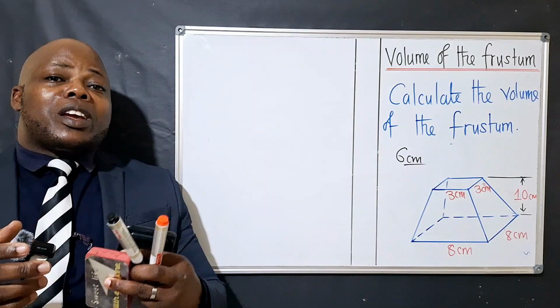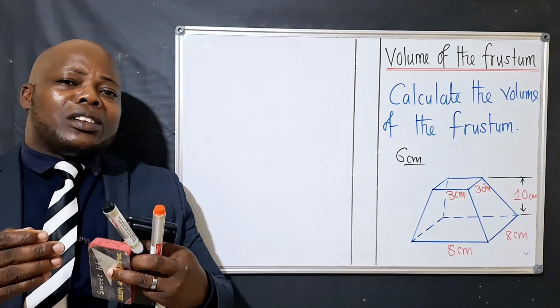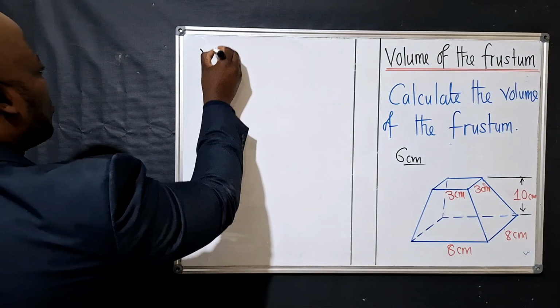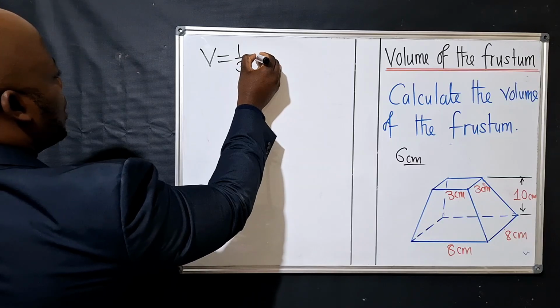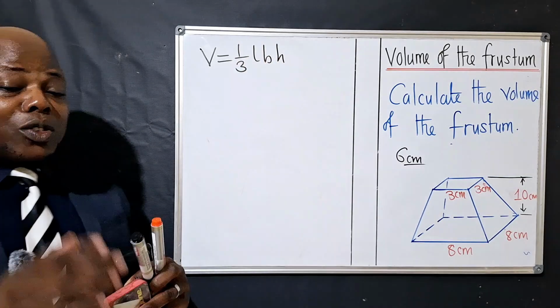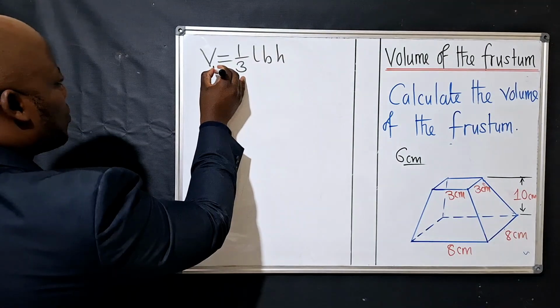So now we can use the second example which I gave you on how to find the volume of a pyramid. So we shall say volume is equal to 1 over 3 LBH. Okay? So this is what I gave you. We'll call this volume 1.